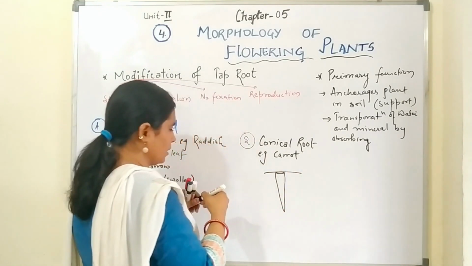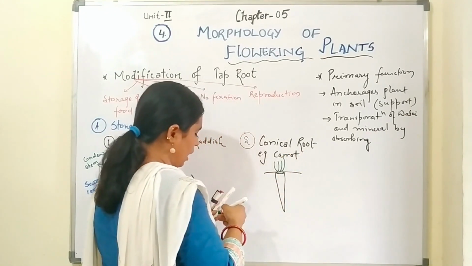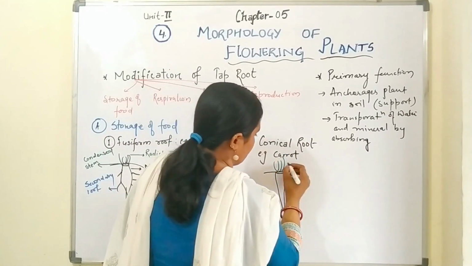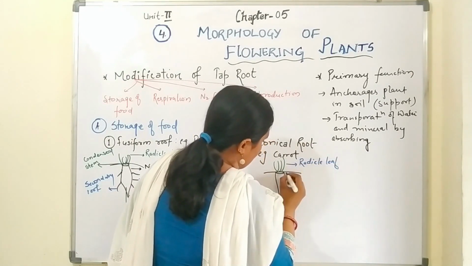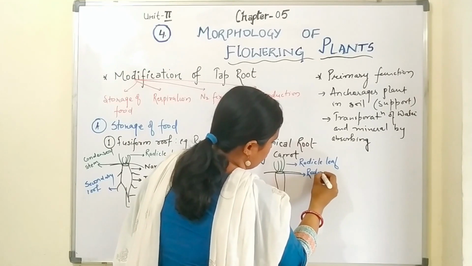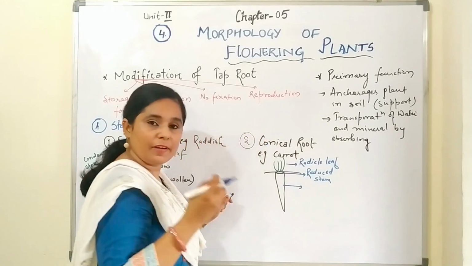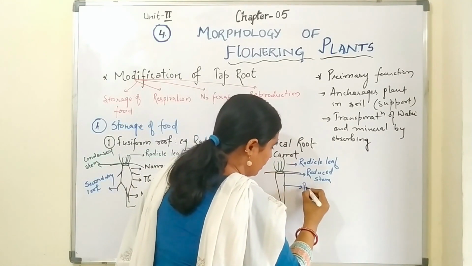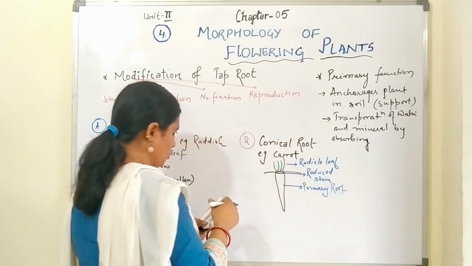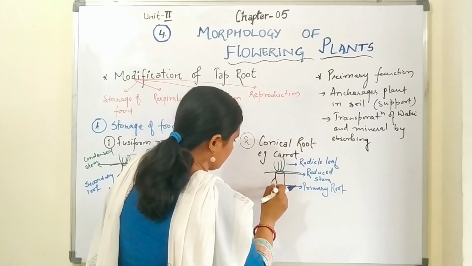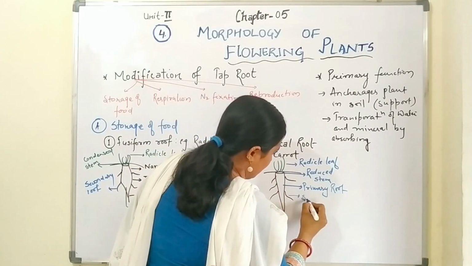Again from this, radical leaves are coming out. So these are radical leaves. This is the reduced or condensed stem. The food is stored in the primary root, from which you will see secondary roots developing. These are secondary roots.